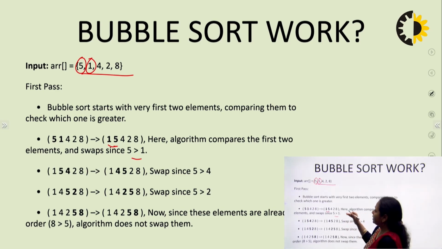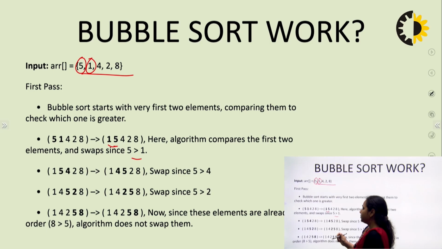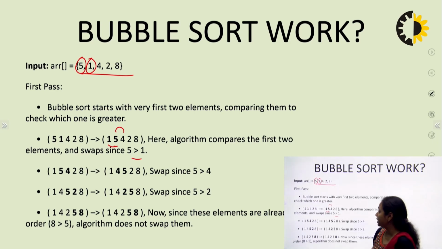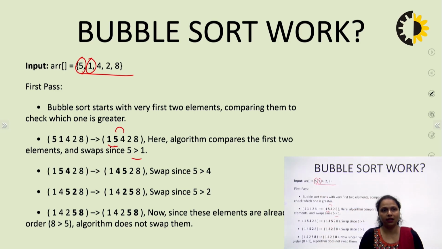Now the second step, we simply compare the next two elements in the list. The next two elements in the list are 5 and 4. It means we will shift position by position for comparing the adjacent elements. So here we compared first and second position. Now we will compare second and third position.